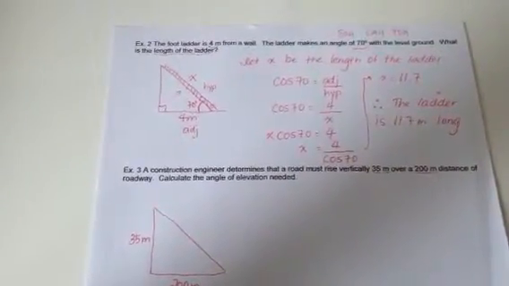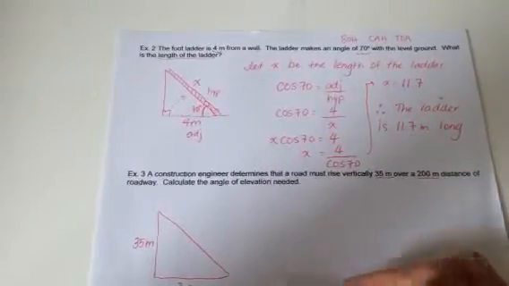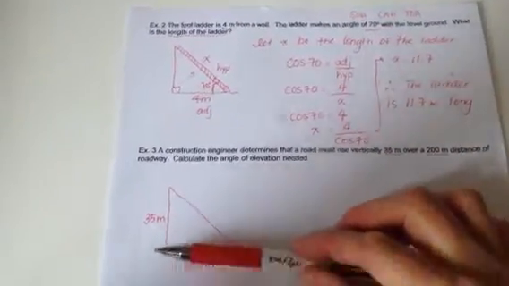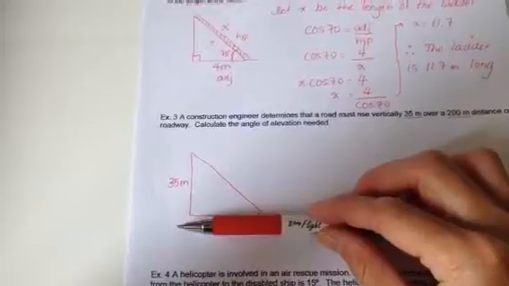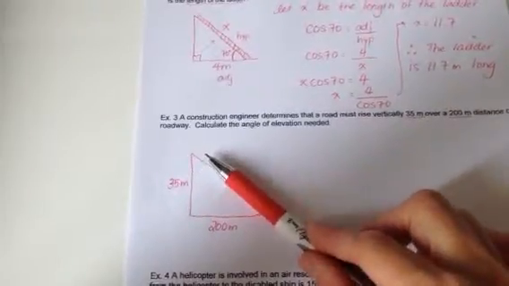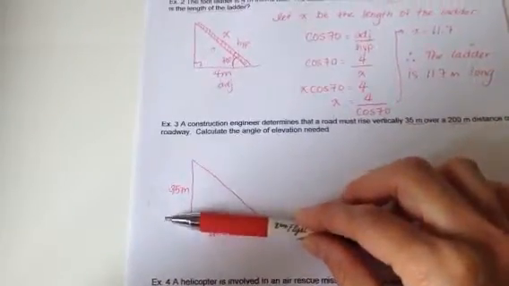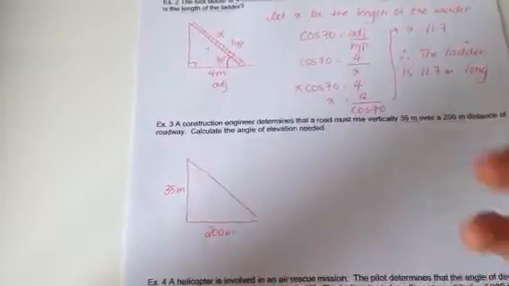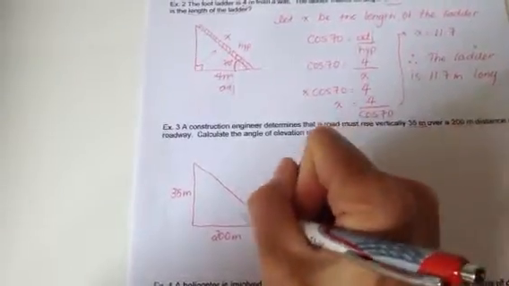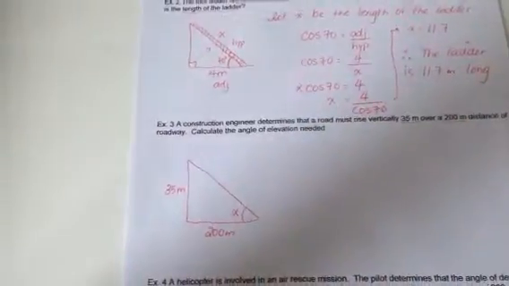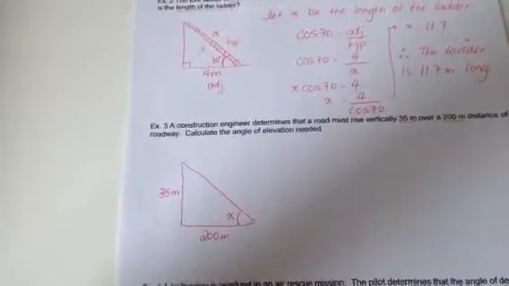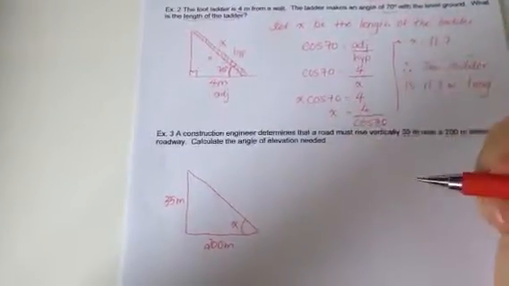Calculate the angle of elevation needed. Remember that the angle of elevation is always from the horizontal looking upwards. So if you look at the horizontal looking upwards, that would be this angle right here. And this is what we're looking for. We're looking for the angle. Okay, so that's our diagram.